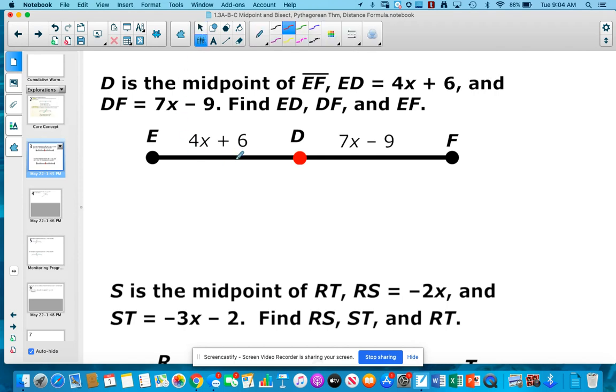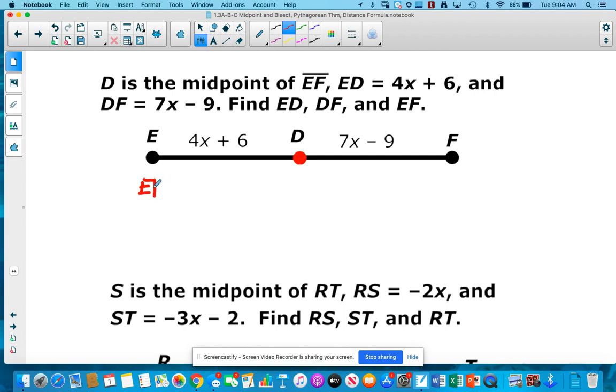First things first, since D is a midpoint, I know that ED is equal to DF. So I can substitute 4x plus 6 for ED, and 7x minus 9 for DF. I can substitute those two expressions in.